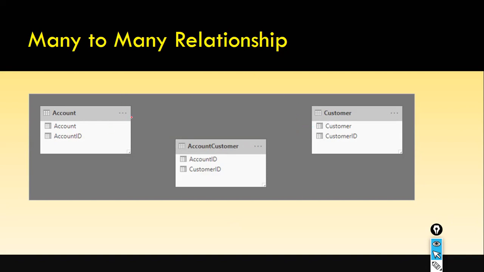Each account can be held by a customer. Account number AC01 is held by the customer named Ashok. The same customer can also have more than one account. You have AC02. A single customer can have more than one account, so Ashok has two accounts, account one and account two.